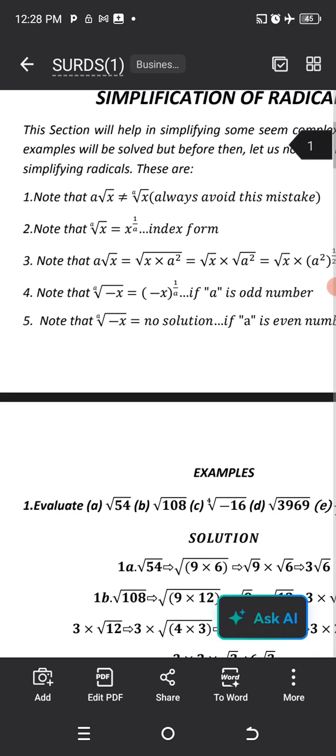Another thing you should know is that the alternative way you can rewrite the a-th root of x is x raised to power 1 over a, because your surd or your root can definitely be expressed in the form of indices too.